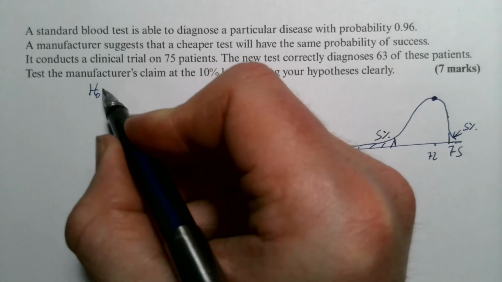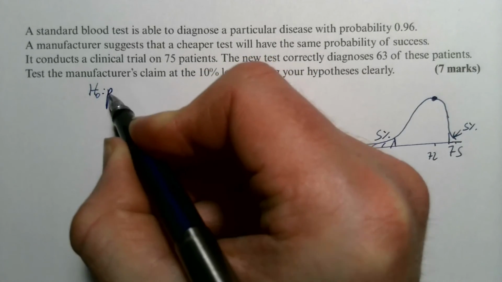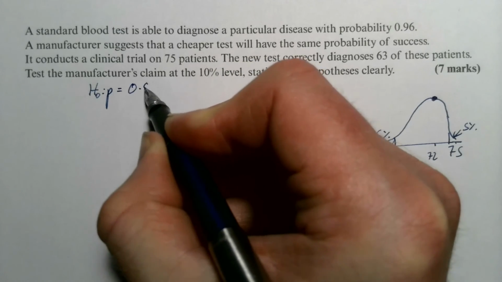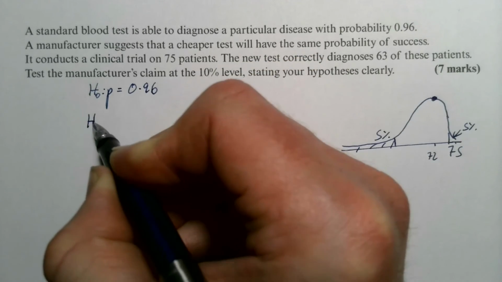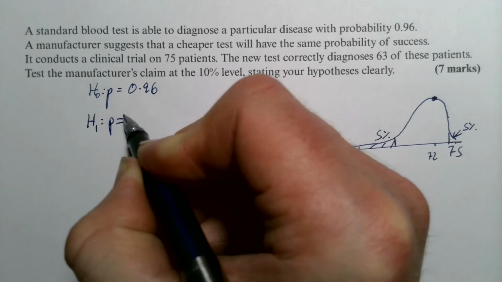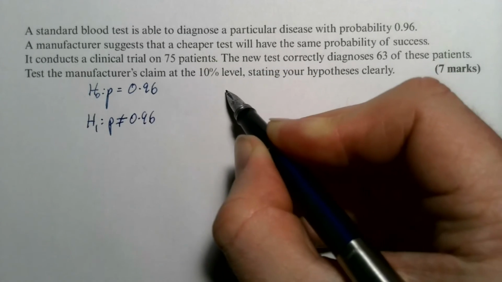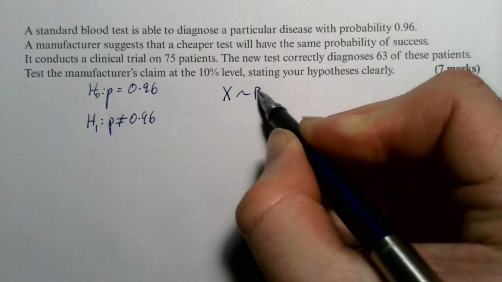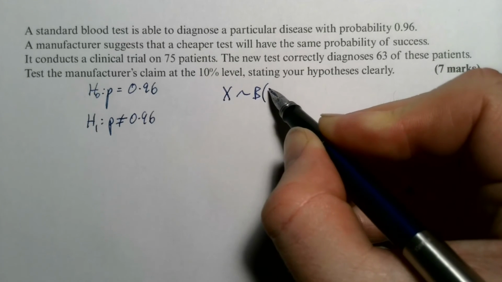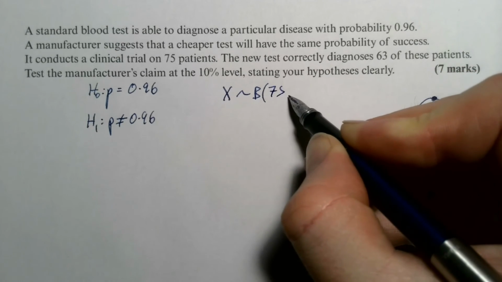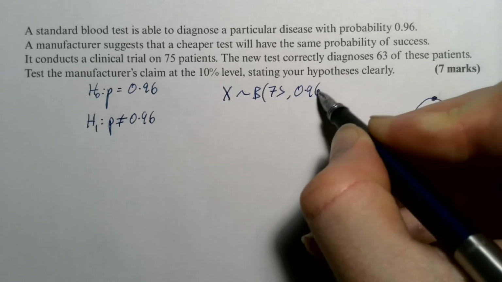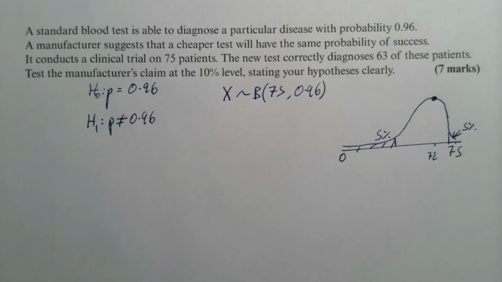So your null hypothesis has got to be that the probability equals 0.96. Your alternative hypothesis that it doesn't equal 0.96. And setting up your binomial distribution, you've got a trial of 75 patients and a probability of 0.96.